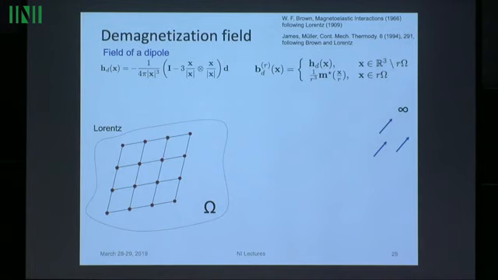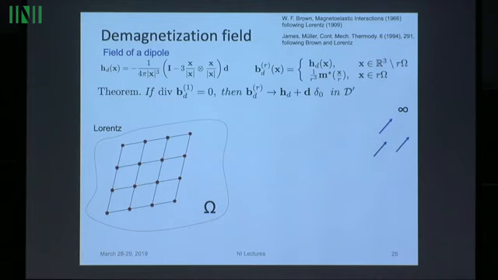For a dipole, the way to think of the H field is this field given here, the field of a dipole with dipole strength D. And the way to think of the B field is you cut out a region around the dipole, like singular integrals in math, and you smooth across the dipole, if you want to think of it that way, and you arrange this m star so that this combined quantity is divergence free.